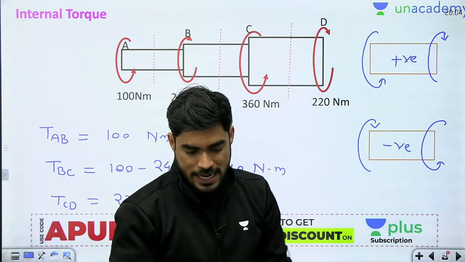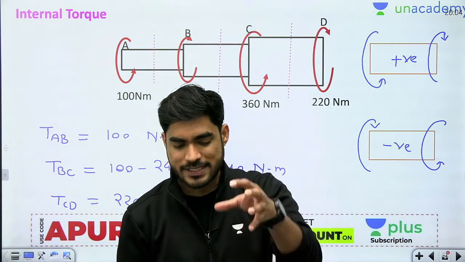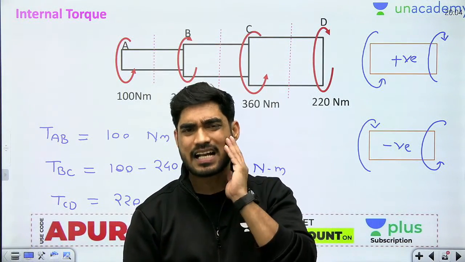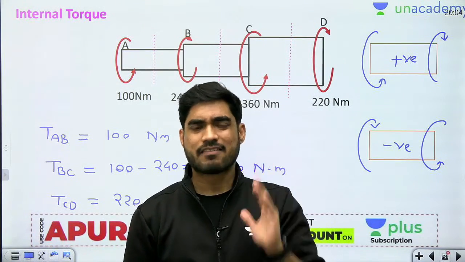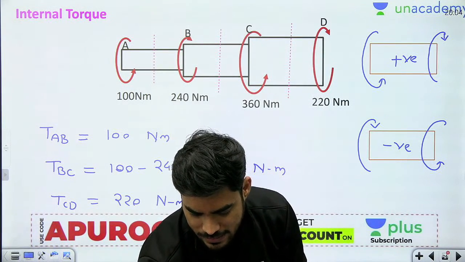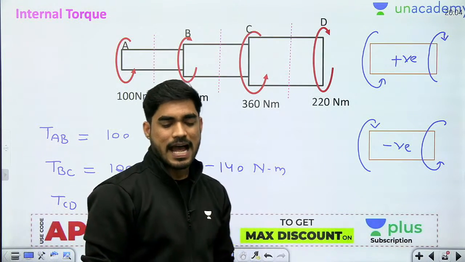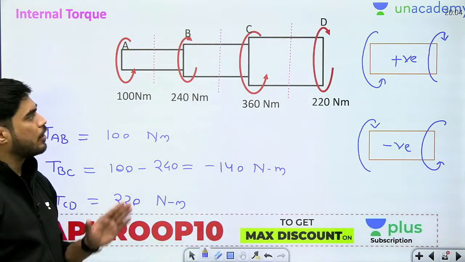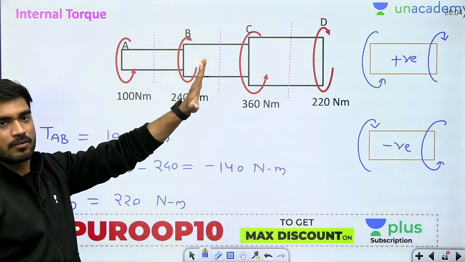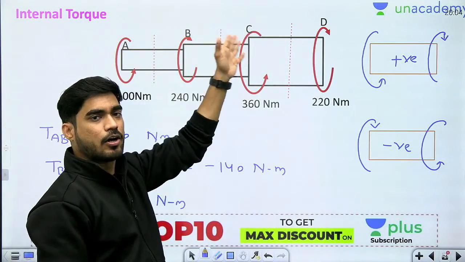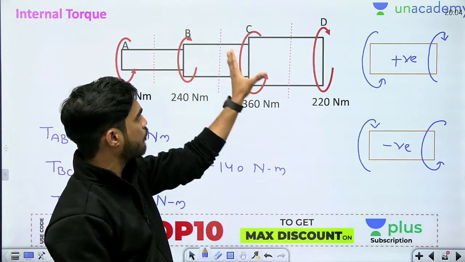Okay, now beta, if you don't want to get confused in sign convention, अगर आप sign convention की tension नहीं पालना चाहते, then the best thing you can do is that you consider the internal torque from any one side. Okay, don't take internal torque in one case from left, in one case from right.